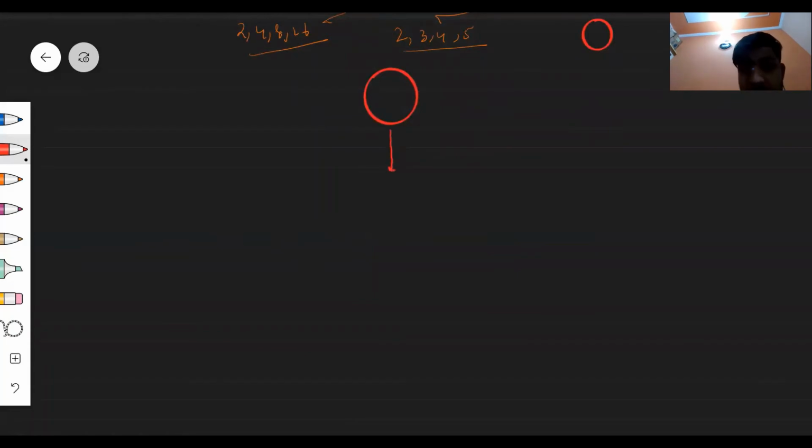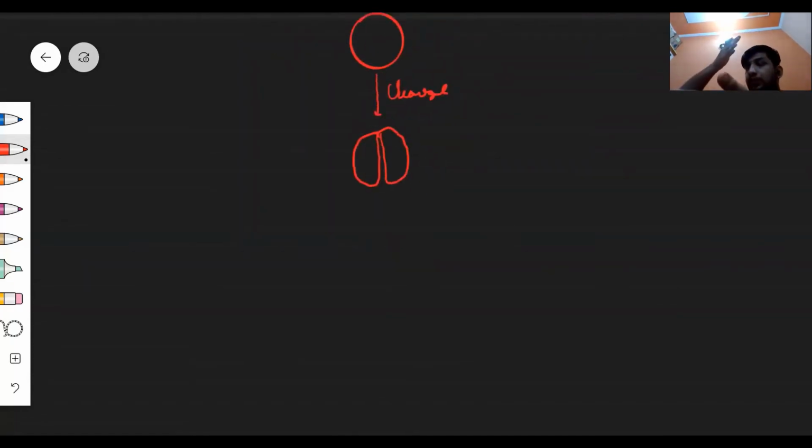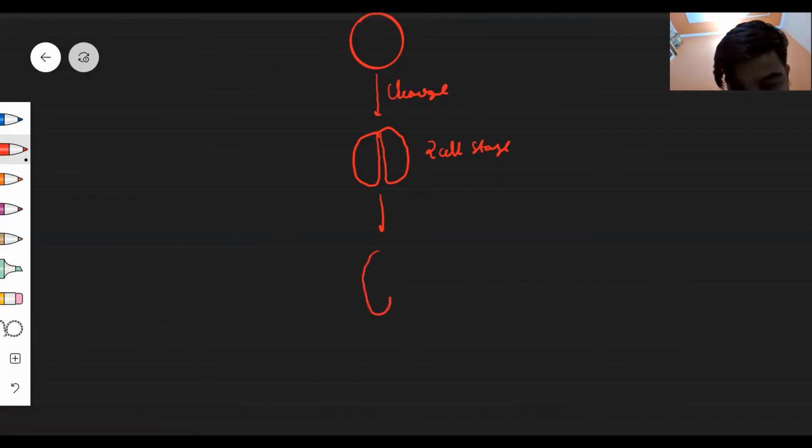It undergoes the cleavage and divides into two cells by a vertical plane, a holoblastic division. It is divided into the two cell stage. After that, a vertical cut like a circle, and then a horizontal cut. It divides into the four cell stage.